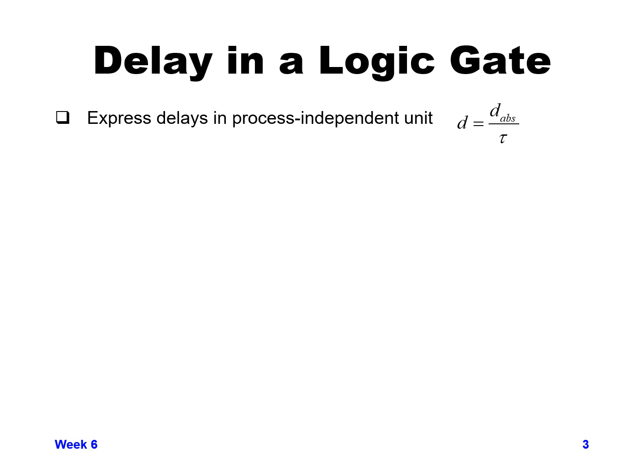So first of all, we want to express our delays as a process independent type unit. So rather than stating our delays in terms of number of picoseconds or nanoseconds or whatever our given process technology allows us to do, we're going to give our delays in terms of a process independent unit.